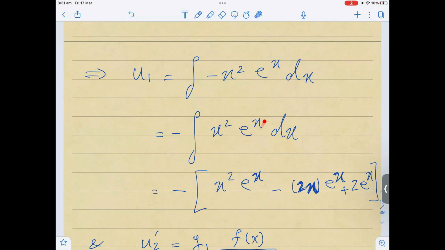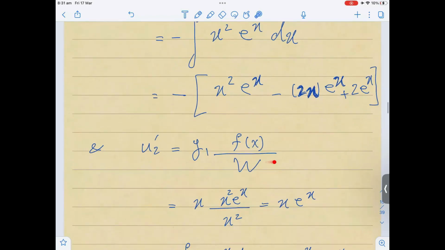Integration of the second factor, minus derivative of this one, minus 2x, integration of this one e to the x, plus derivative of this guy 2, e to the x. I can continue, but the derivative of 2 will be 0, so I don't have to write it.